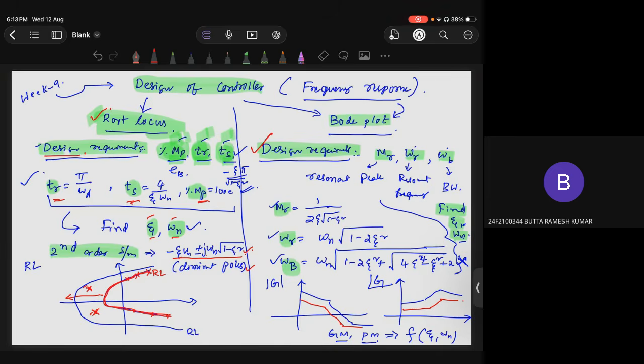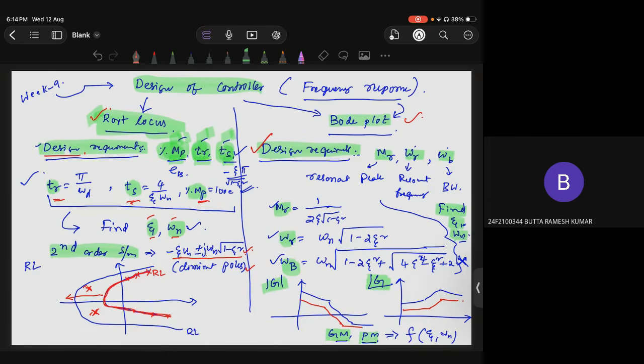Now, before going to the design part, first we need to understand and do some simpler examples. The examples are like how to calculate this. First of all, how to draw this Bode plot, which I have already explained in the previous slide, so you can see them.